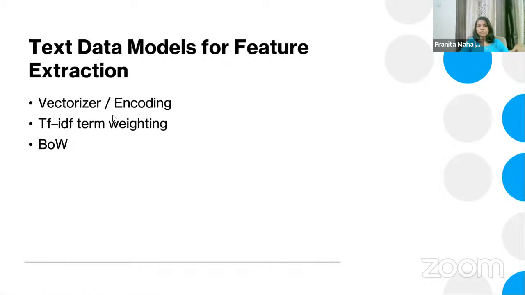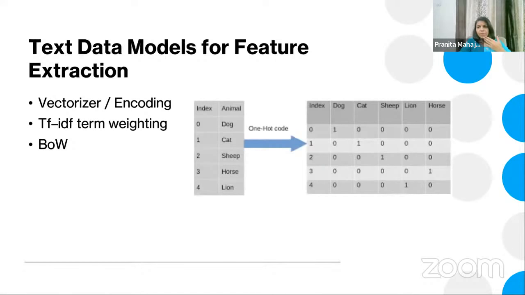Let's say the first model is a vectorizer or encoding. For example, I'm trying to represent this particular data. The column is animal and the values are dog, cat, sheep, horse, and lion. If I'm trying to represent this text in the form of numbers, the vectorizer or encoding method will just encode the data like this.